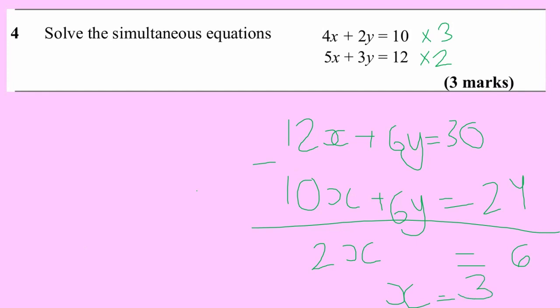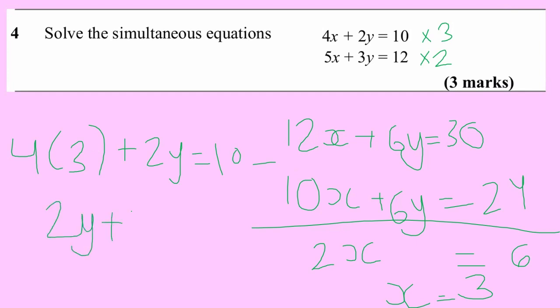Now we're going to substitute it back into the equations. So x is 3. So 4 times 3 is 12, plus 2y equals 10. So basically 2y plus 12 equals 10. So that means I'm just going to subtract 12 on each side.